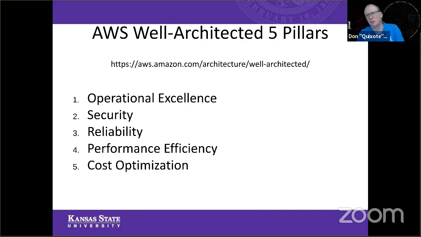Those are operational excellence, security, reliability, performance efficiency, and cost optimization. Those are well documented. I'll leave it up to you to go look at that if you haven't already or aren't familiar, but definitely take a look. And if you're an Azure person or a Google person, these apply to every cloud experience and not just AWS. So it's a good resource for everyone.